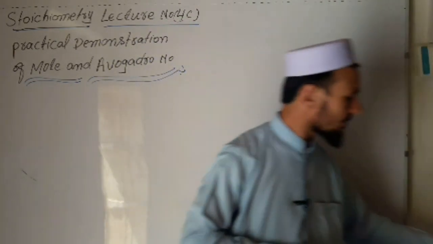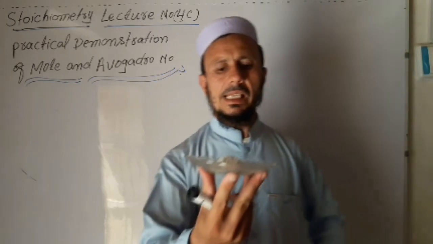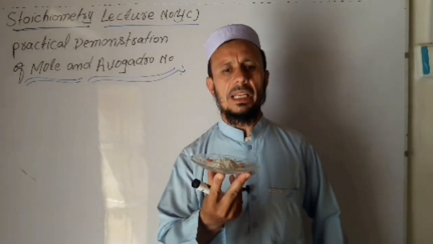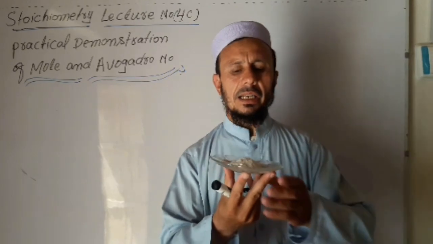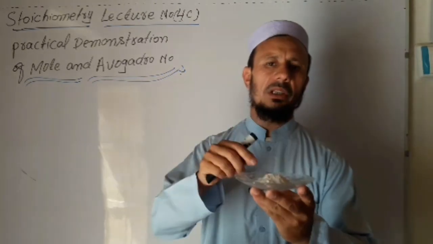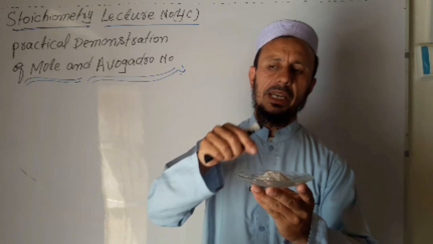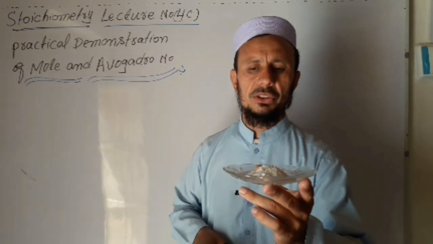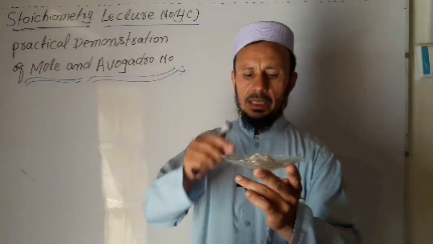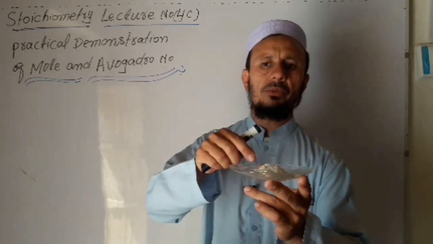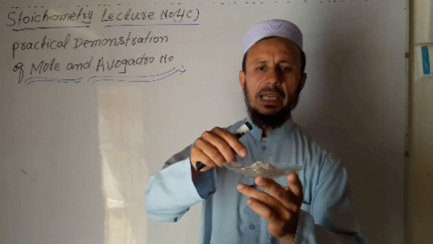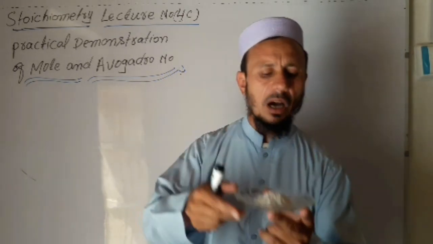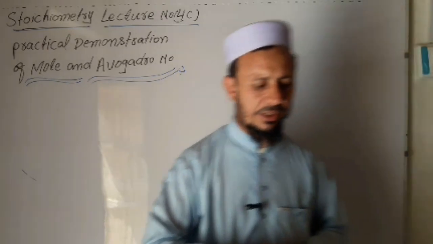Dear students, this is 58.5 gram NaCl and it is equal to 1 mole, and 58.5 gram is called the molar mass of this sodium chloride. This is 58.5 gram NaCl and it is equal to 1 mole. How? Let us calculate.